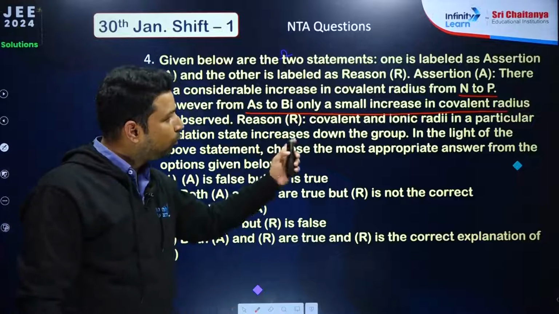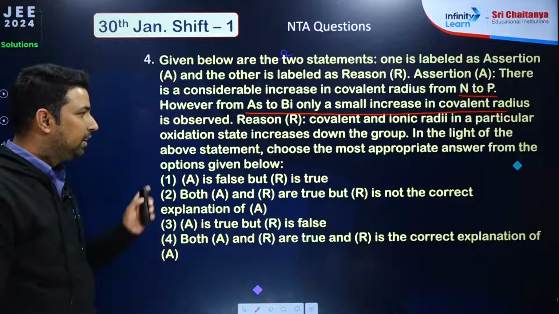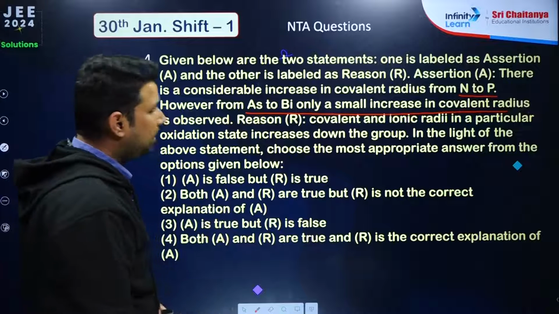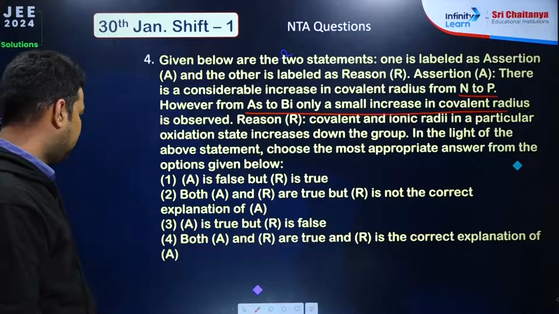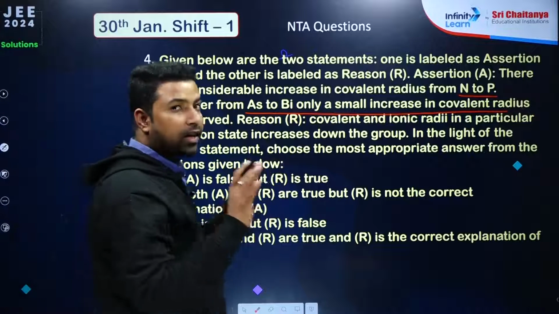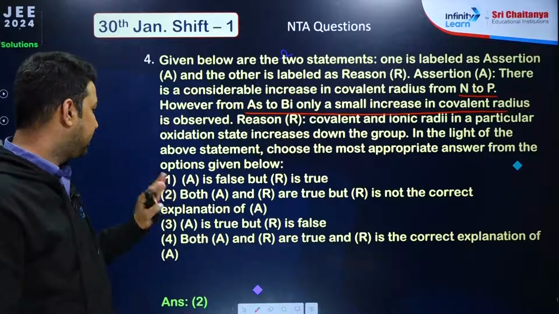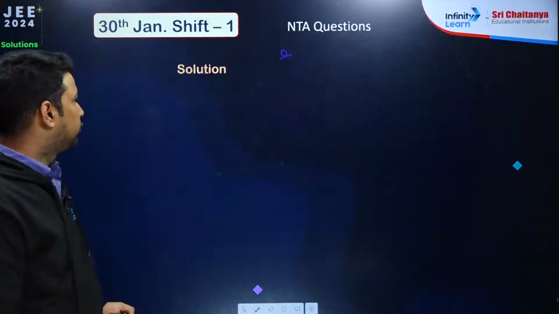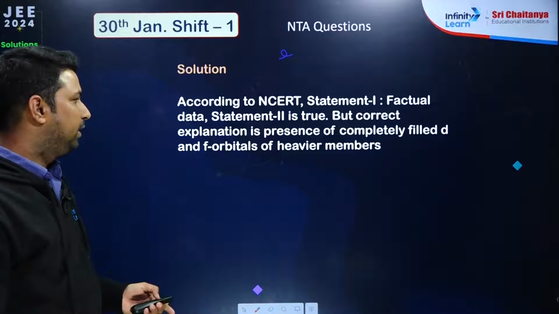Reason says covalent and ionic radii in a particular oxidation state increase down the group. In the light of the above statements, choose the most appropriate answer. So the answer is 2. Assertion and reason are both correct because this is based on the factual data present in the NCERT, and the reason is the correct explanation of the assertion.